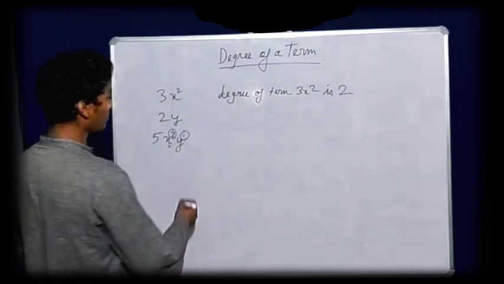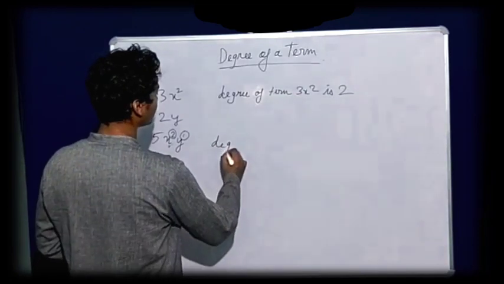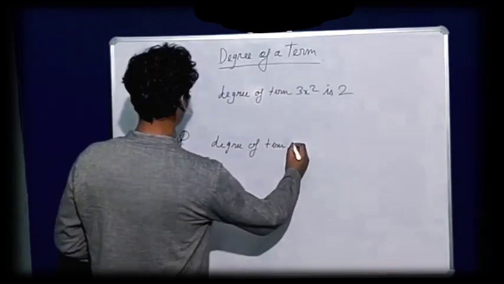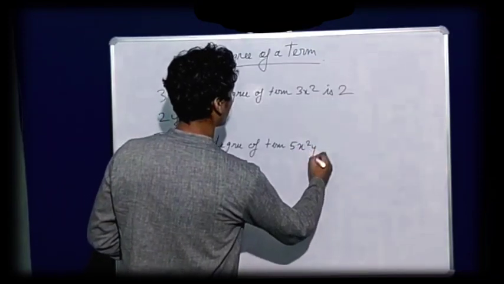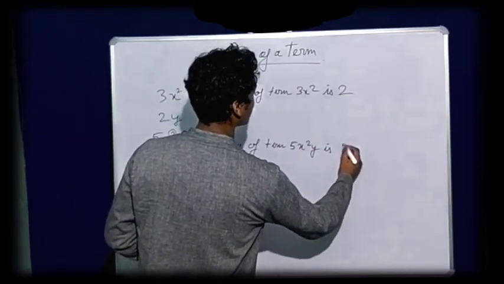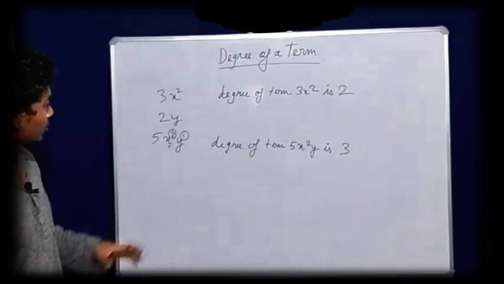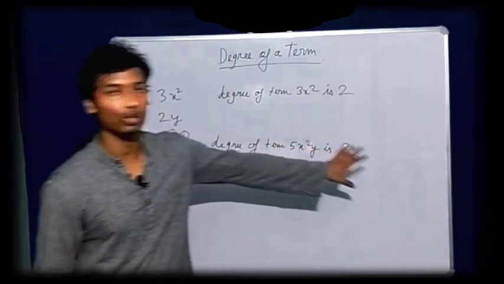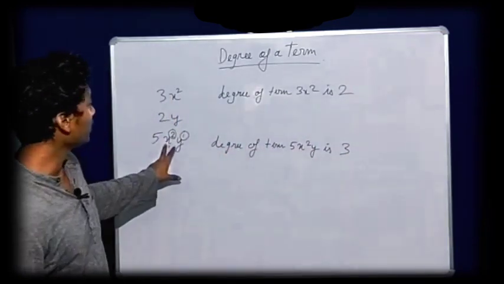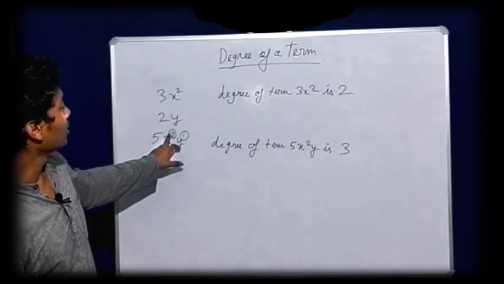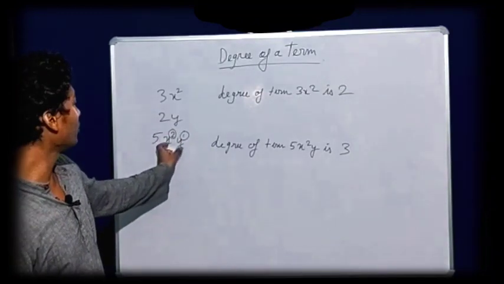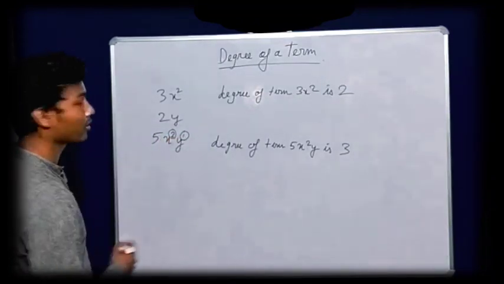So total will be 3. So we can say degree of term 5x square y is 3. Now don't just look at the power of x and write the degree is 2. The degree will be 3, the sum of the exponents, the index part of the variables. Let us take one more example.